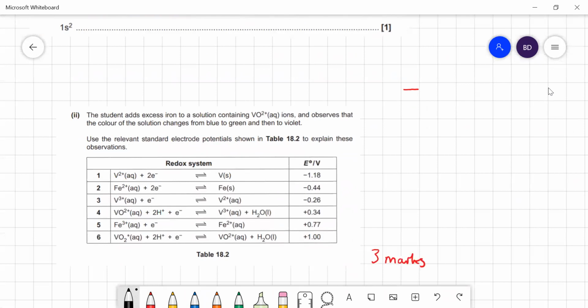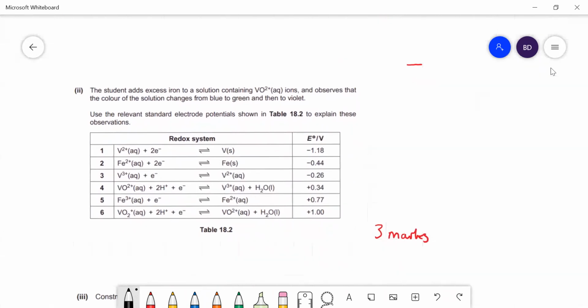Okay, now a student adds excess iron, Fe, to a solution containing the VO2+ ions. So these are the blue ions, the +4 oxidation state. And observes the color of the solution changes from blue to green and then to violet. So we've got to explain that.